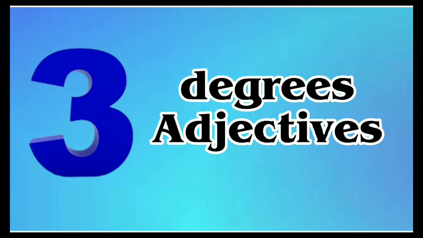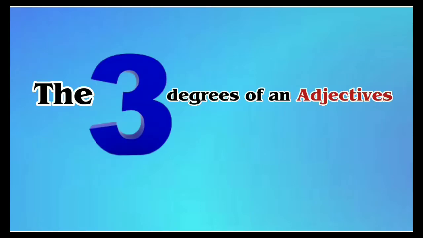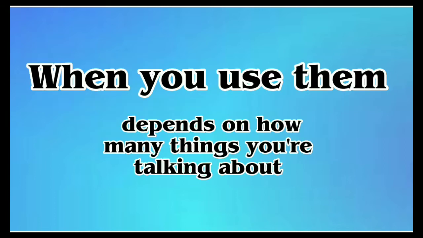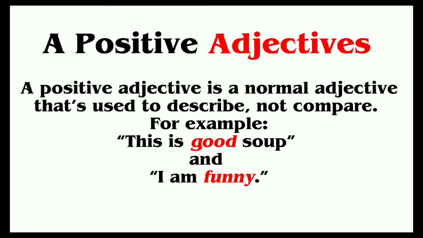Three degrees of adjectives. The three degrees of an adjective are positive, comparative, and superlative. When you use them depends on how many things you are talking about. A positive adjective is a normal adjective that's used to describe, not compare.